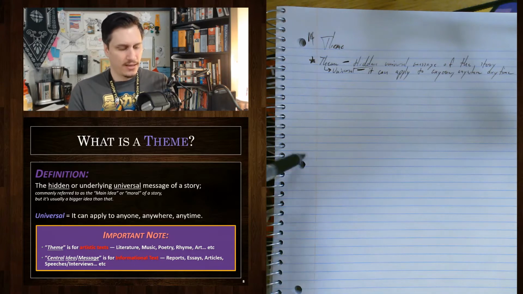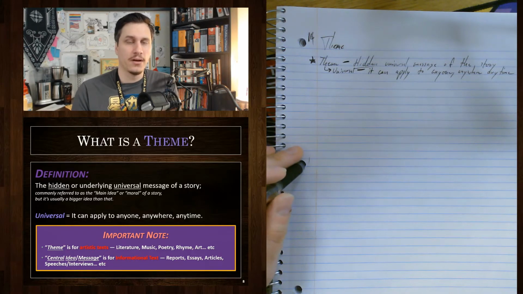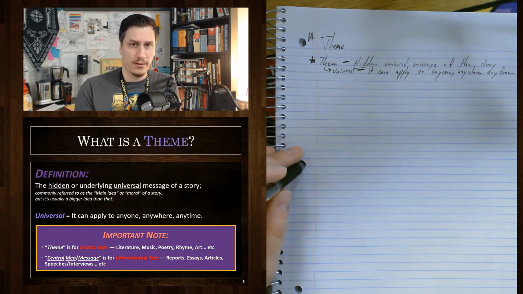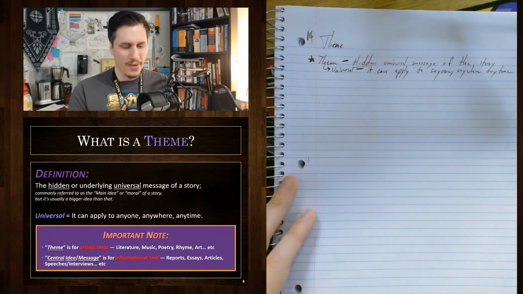Now, the central idea of an article or an essay is something that the reader discovers, whereas a theme in art or literature is something that the reader constructs, the reader builds, okay?